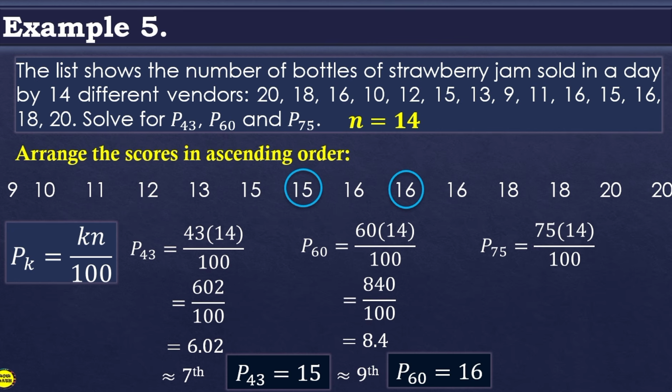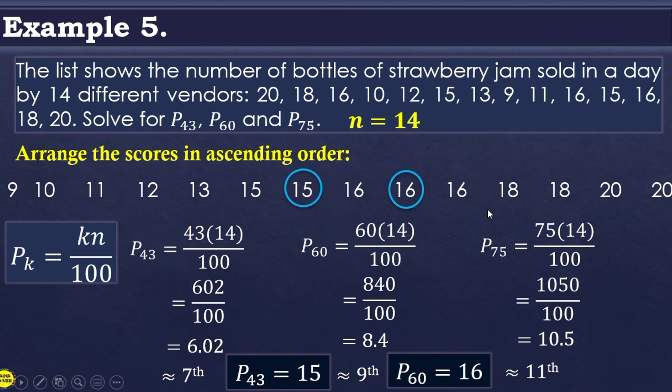Next, yung 75. Okay, so papalitan lang natin yung K natin ng 75. So, 75 times 14, the answer is 1,050. 1,050 divide 100, the answer is 10.5. So, again, hindi siya whole number. So, round to the next whole number, and that is 11.